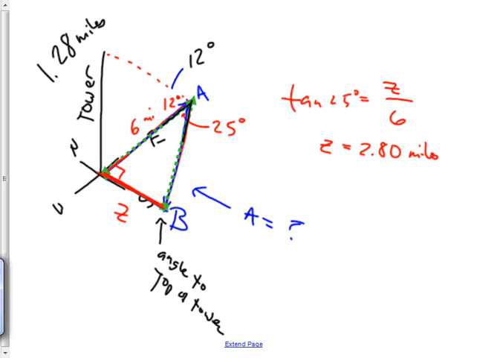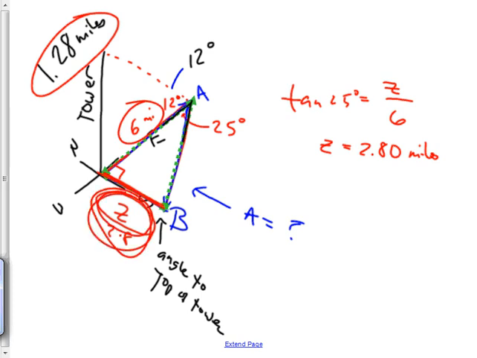Now we've got two sides, 1.28 and 2.8. Can't you get an angle from that? If you've got two sides, you can get an angle. Did you notice we didn't even need to use any of the new stuff yet? If this is a right triangle, it works really nicely because that's 6 and that's 2.8.